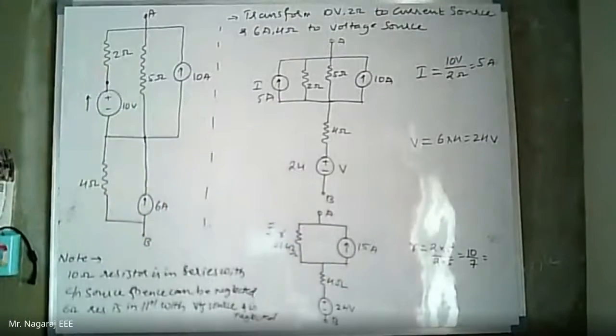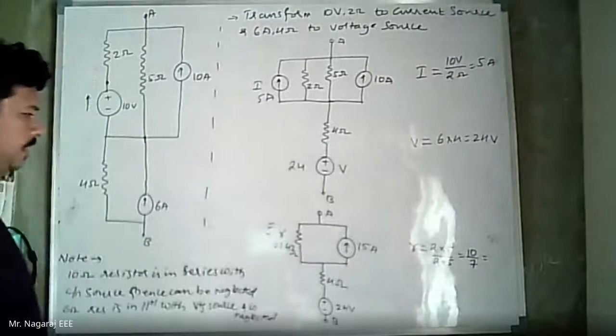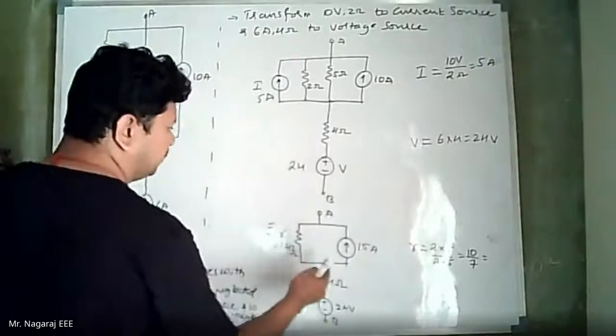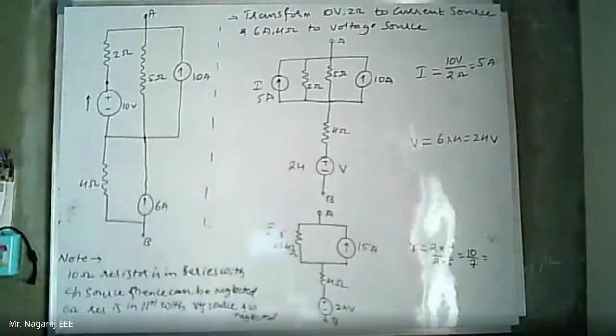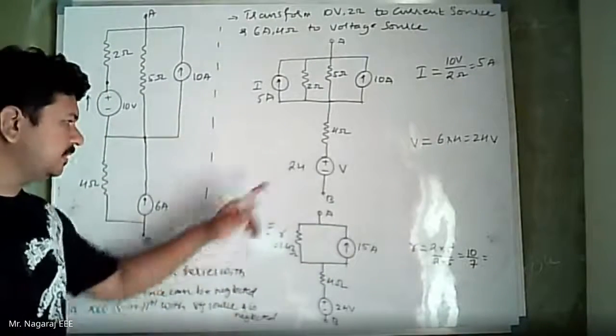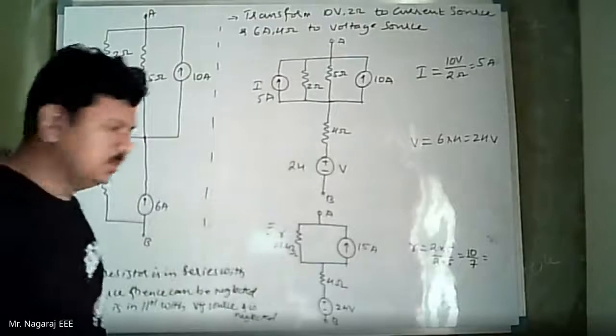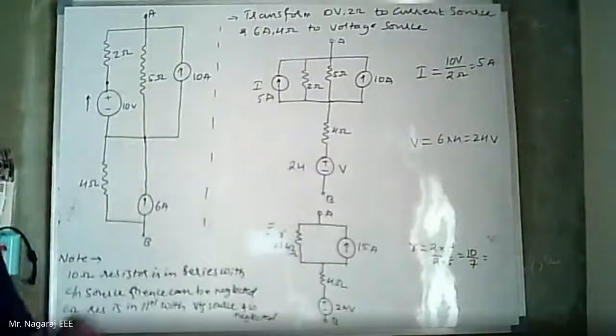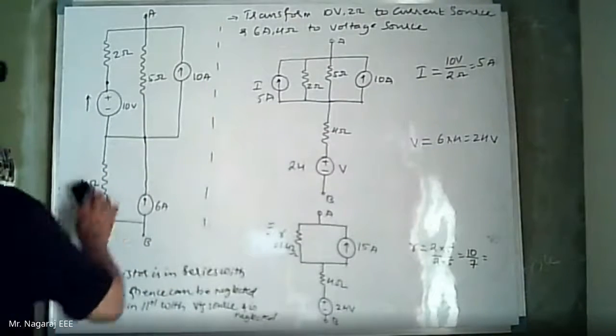That is 1.42. Now convert this current source into voltage source because I want the equivalent voltage source between A and B. So all the current sources must now get converted to voltage source.